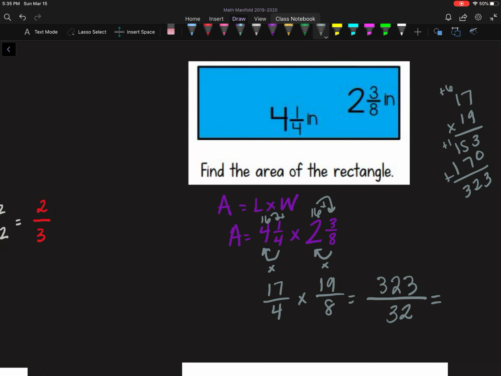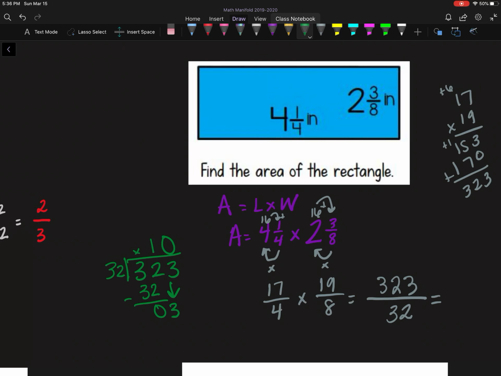So I'm going to use the side over here and set up my problem and do 323 divided by 32. 32 cannot go into 3, but it can go into 32 one time. Bring down my 3. 32 can't go into 3 evenly, so I'm going to put up a 0.